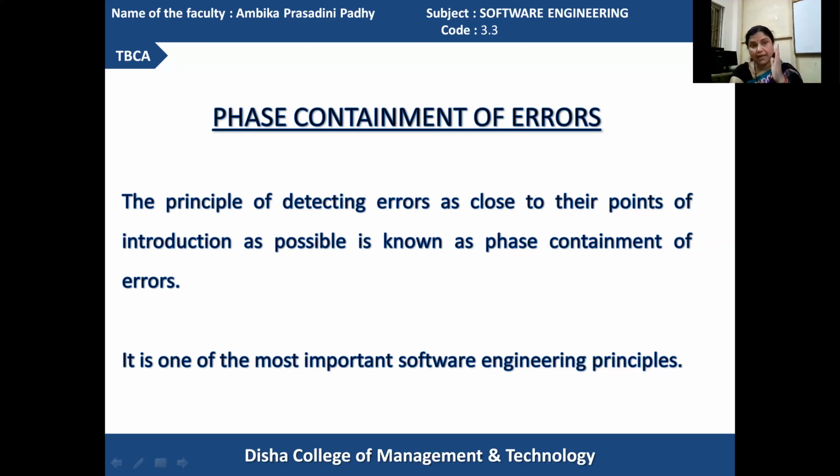That is identifying and rectifying the error due to the phase containment of errors facility. If the error in a particular phase is not identified, then it may cause different problems at the subsequent stages. So that may give many drawbacks to the user.